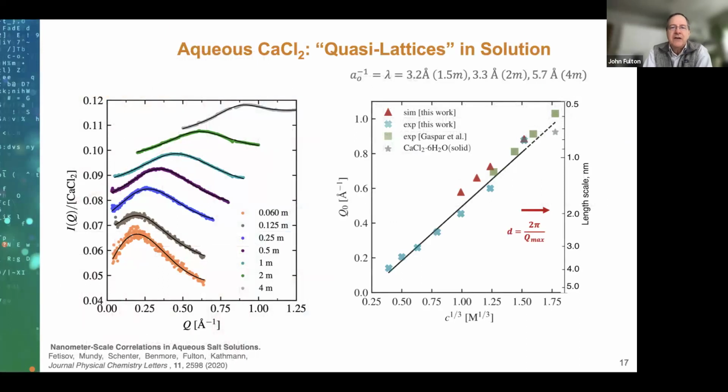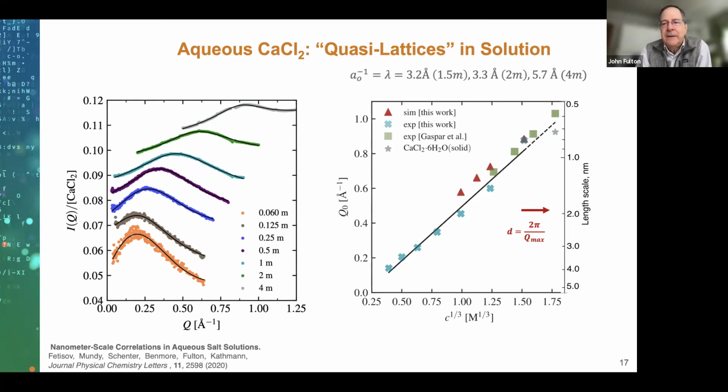We've done the measurements with a number of different electrolytes. This is one example for calcium chloride, where we look at concentrations from 60 millimolal up to 4 molar. And we measure the position of the pre-peak as a function of concentration. We have this plot here of the pre-peak position, Q naught, versus the concentration to the 1/3. This is similar to what's been observed in the literature by others.